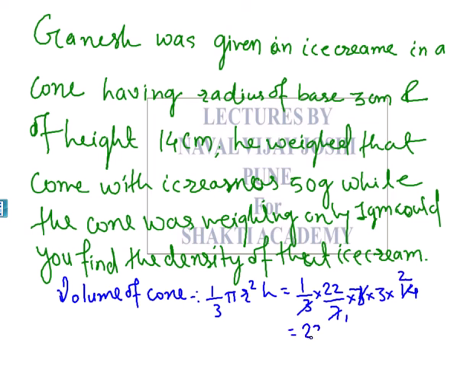So 22 into 3 into 2. I would keep it as it is because I think that it would make me more convenient to divide if I would do that.